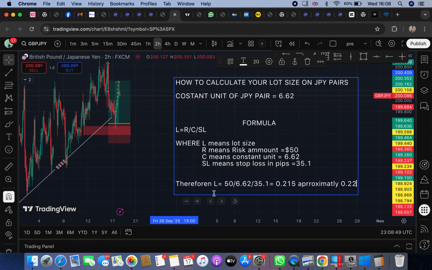Now, let's just say lot size is now equal to 0.22. So the lot size to use, if you want to raise $50, is 0.22. So that is just it.